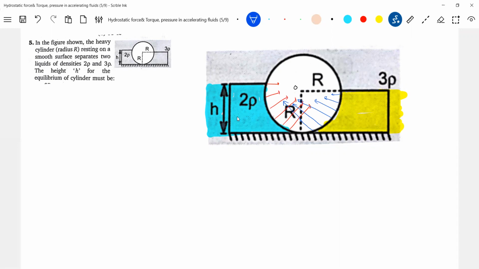And the net force should be 0. What is the height h? What is the projected area? Tell me, what is the projected area I should take? The length of the cylinder, let it be L.